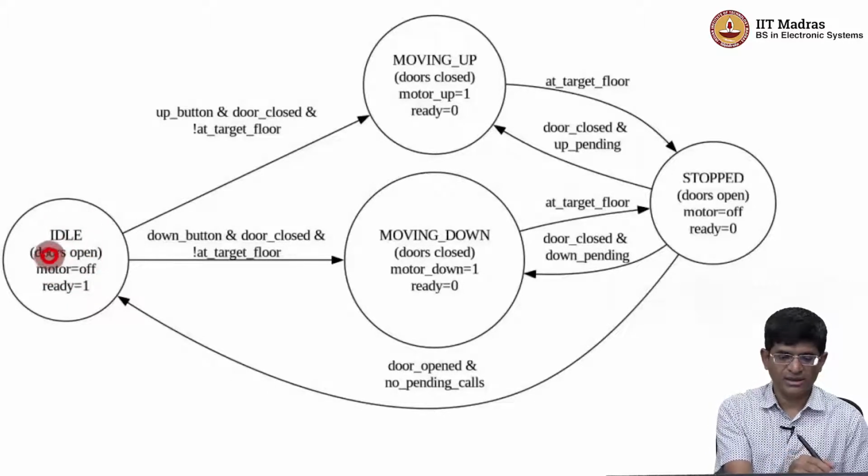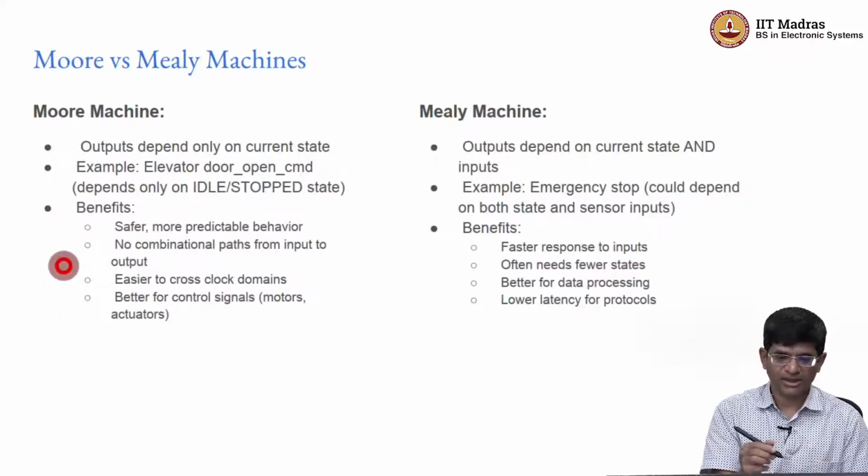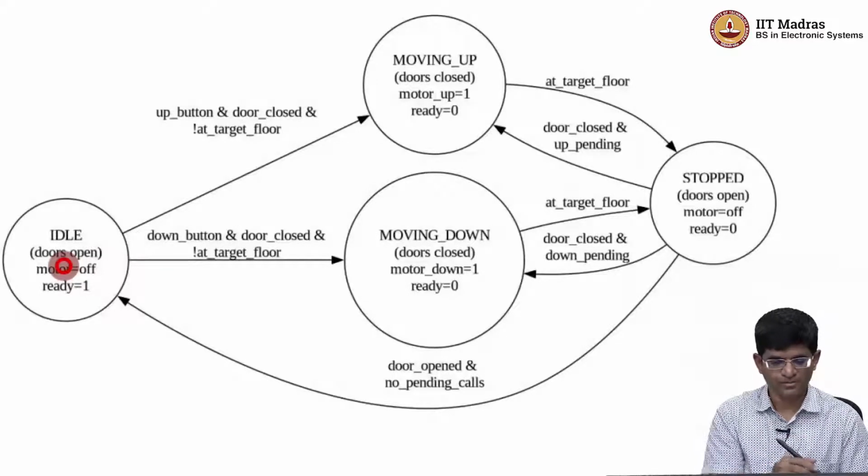One is that the doors should be open, and the simplest way to indicate that is that you can have the doors signal, which is probably going to be a Boolean signal of some kind, set to 1 to indicate that it is in the open state, or you might have an explicit doors open signal to indicate that something has to happen which actually pushes the doors into an open state.